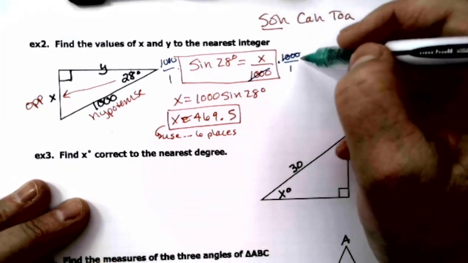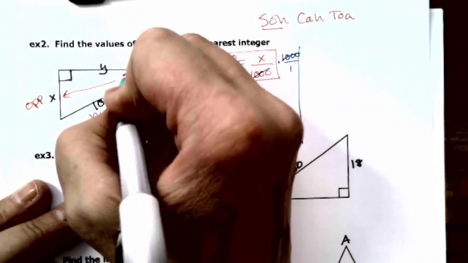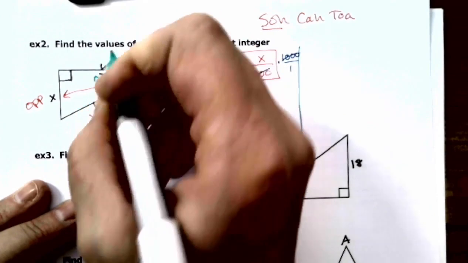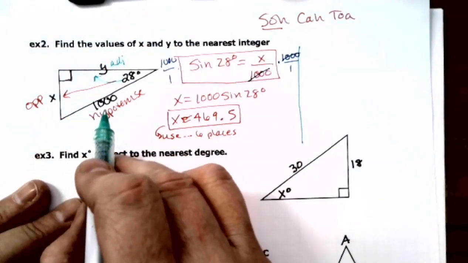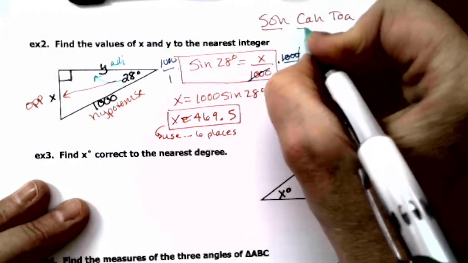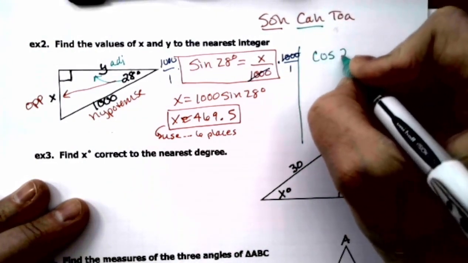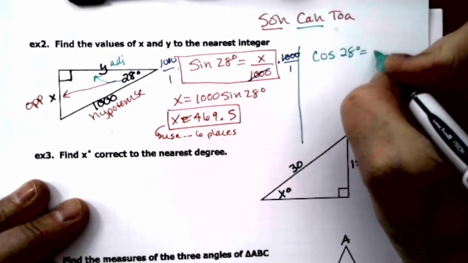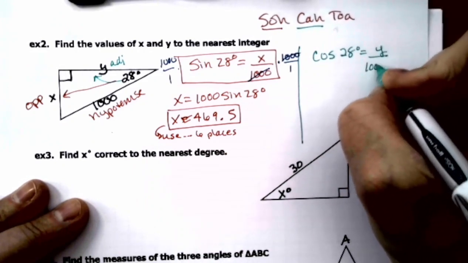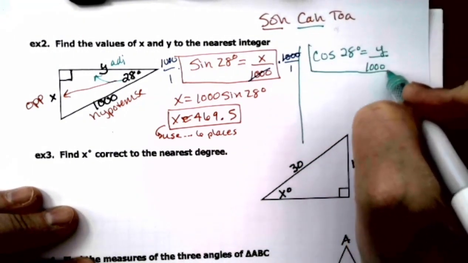All right, so now let's do cosine. So I want to find y. Y is adjacent, and don't use the rounded x, use the perfect 1,000. So adjacent and hypotenuse is cosine. So I'm going to do cosine of 28 degrees equals adjacent, which is y, over hypotenuse, which is 1,000. So there's your equation.